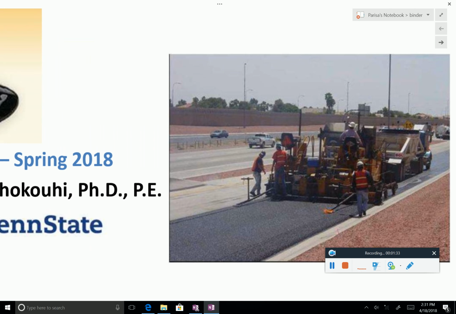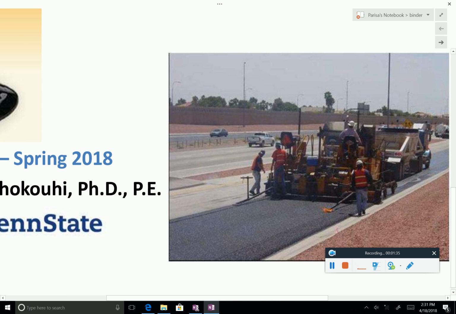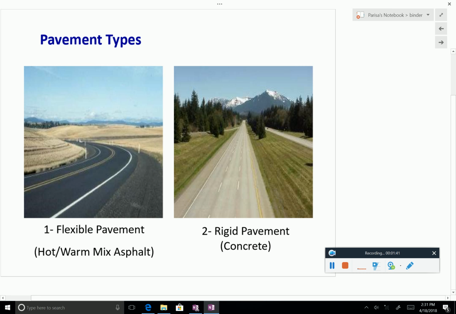As you see here, the main application of asphalt binder is in pavement construction, but not only. Just to give you an idea, we have 2 types of pavements. The pavement may be asphalt concrete covered, and that is flexible pavement.